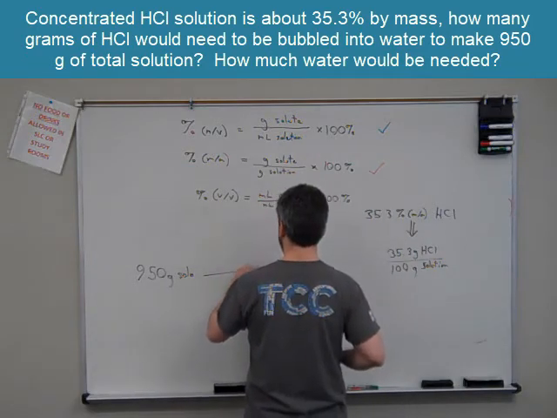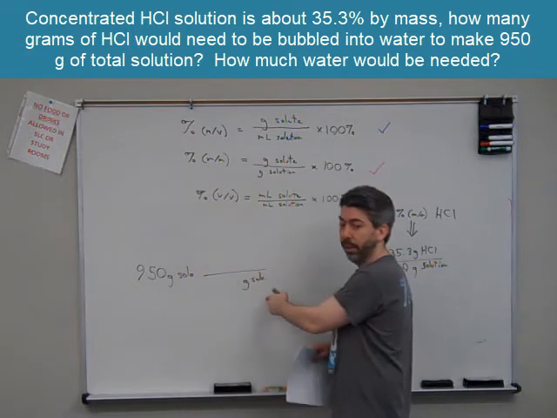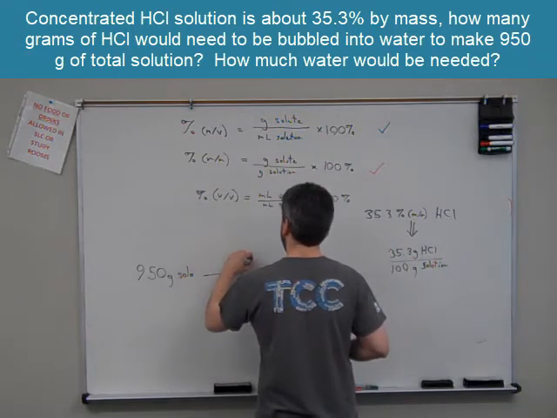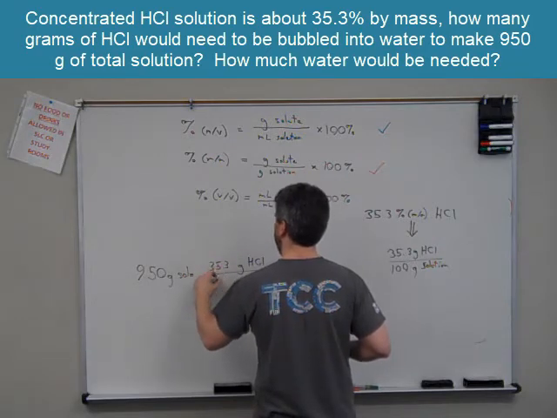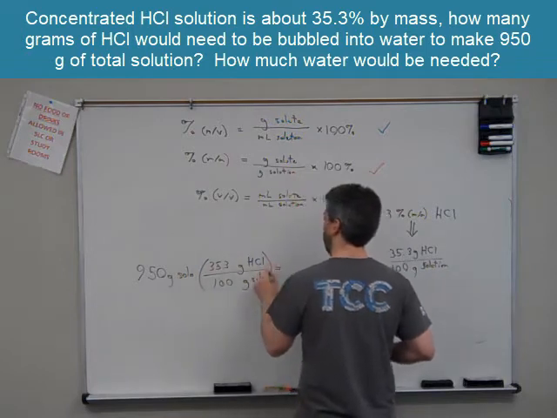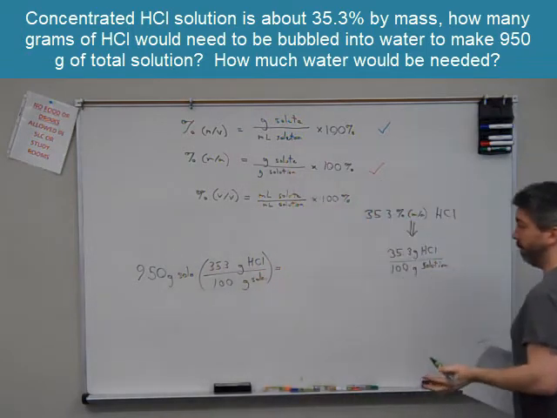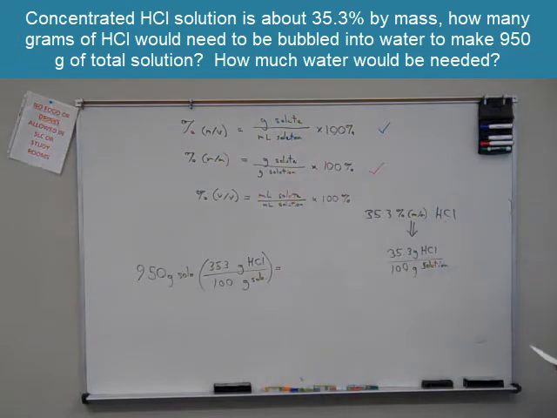Just like I always do with conversion factors, the unit that was previously up here has to come down here to cancel out, and grams of HCl come on top. It'll be 35.3 grams of HCl is equal to 100 grams of solution. I multiply the top and divide by the bottom, and that will give me 950.